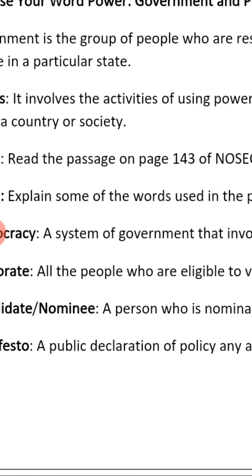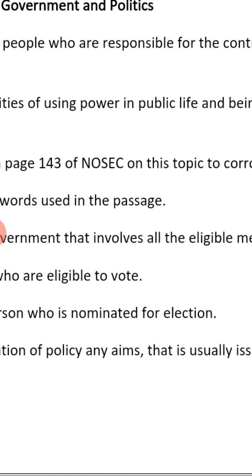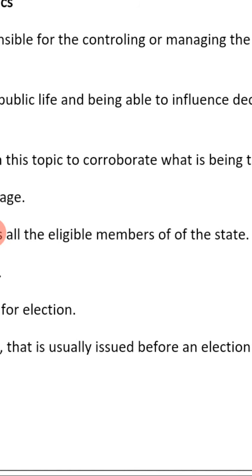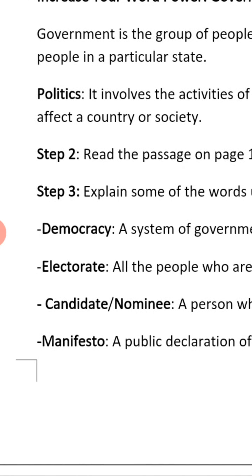Democracy is seen as a government of the people, by the people, and for the people. We can also say democracy is a system of government that involves all the eligible members of a state, that is, a government in which everybody is allowed to have a say.